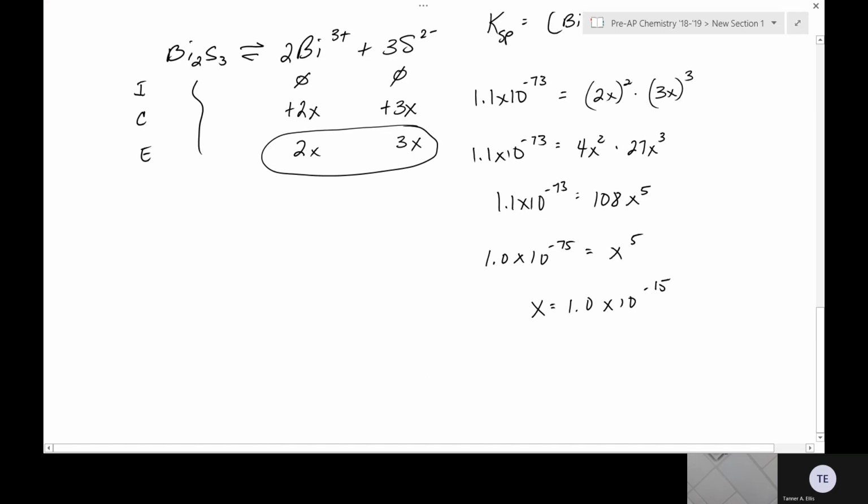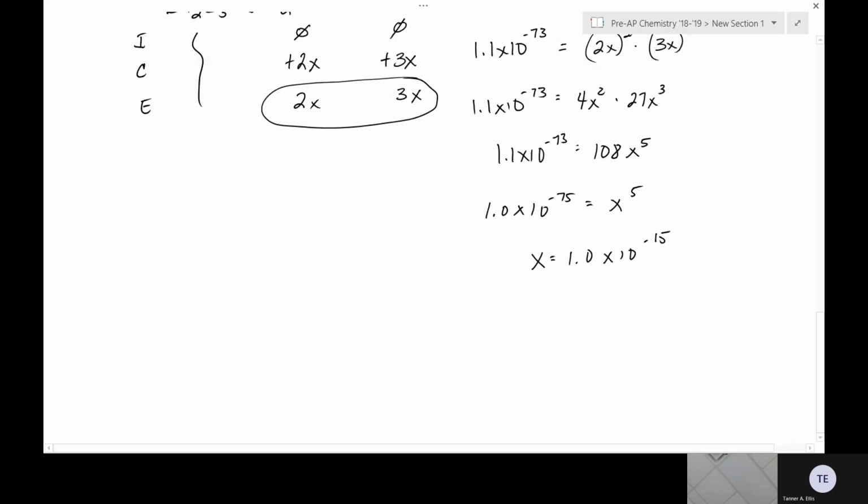So on this one, my molar solubility is 1.0 times 10 to the negative 15. And don't leave it naked.